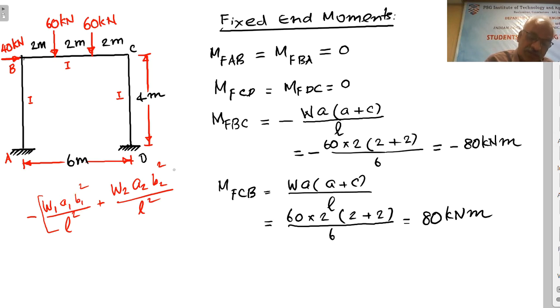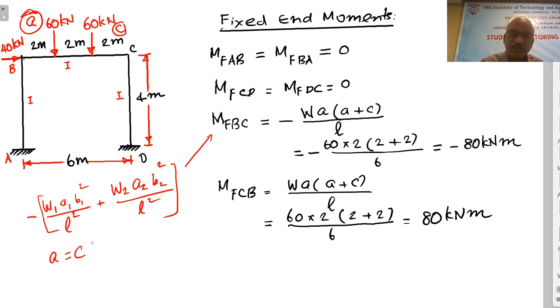This is the formula for finding the fixed end moment M of BC. Now here it is a special problem because W1 equals W2, that is 60 and 60, and they are at an equal distance of 2 meters from the ends. We call this distance A and this distance C, so A equals C.